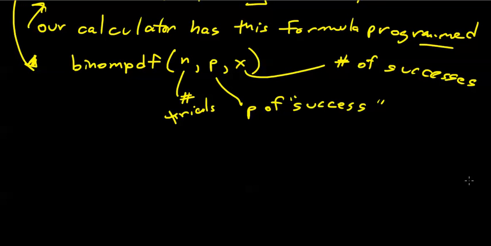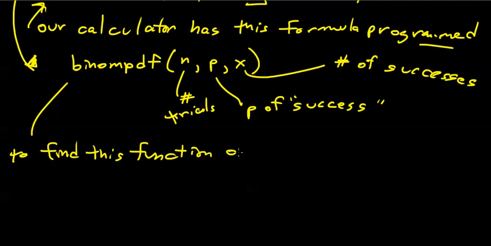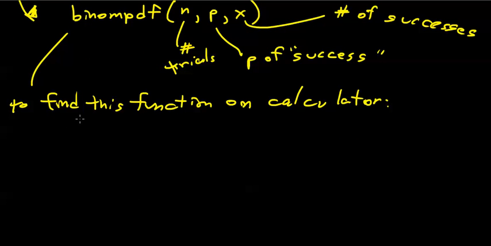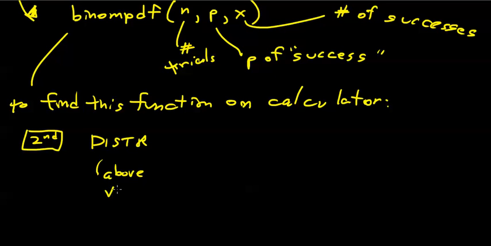Let's see. Let me write down these commands here. To find this function on the calculator, we'll do this. Hit your second button, and then the distribution command. Distr, D-I-S-T-R. It's above, at the second level, above the vars button.